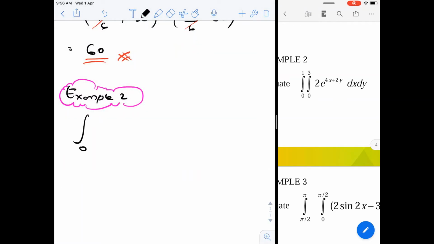Integration from 0 until 1, and then from 0 until 3 of e to the power of 4x plus 2y dx dy.